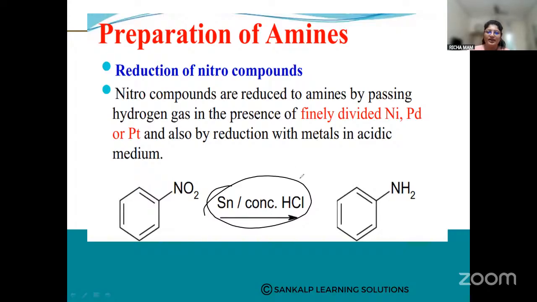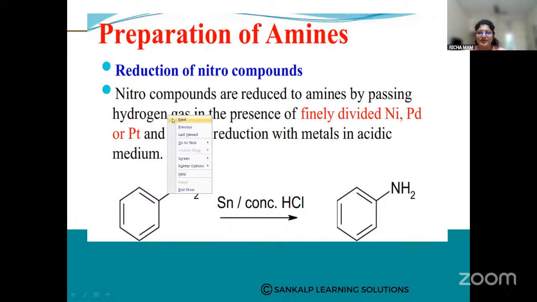You can also use Fe and HCl, and you can also do catalytic hydrogenation, that is hydrogen in the presence of nickel, palladium, or platinum. So this was the first preparation.